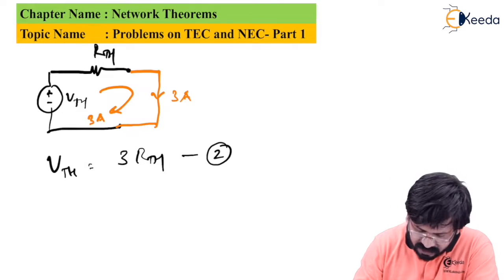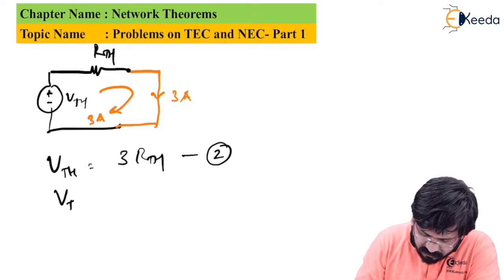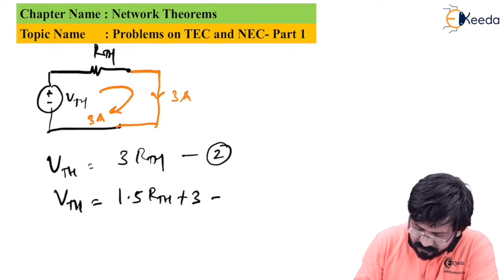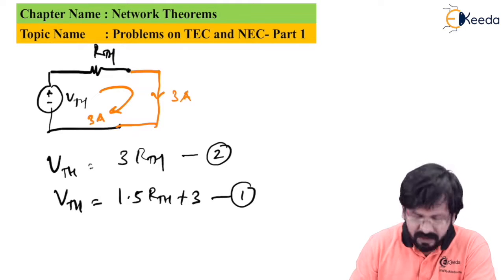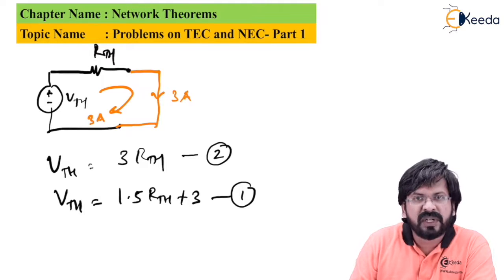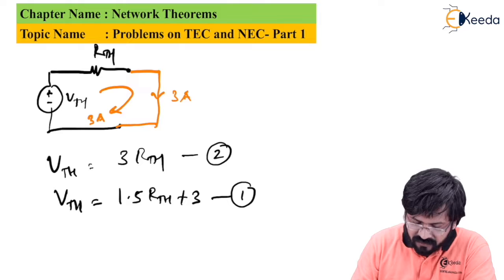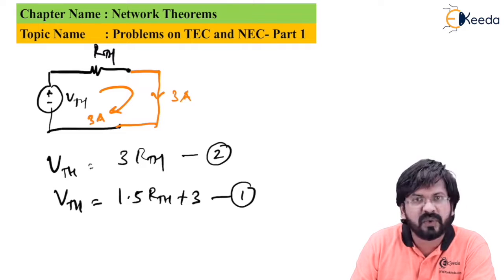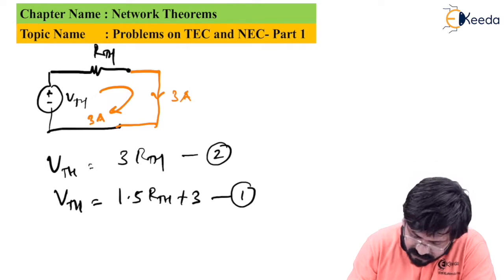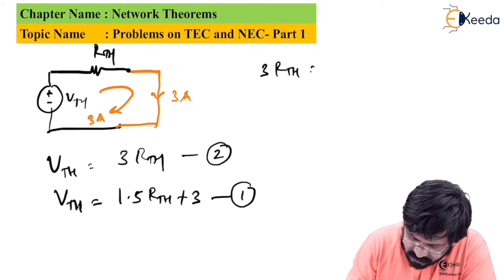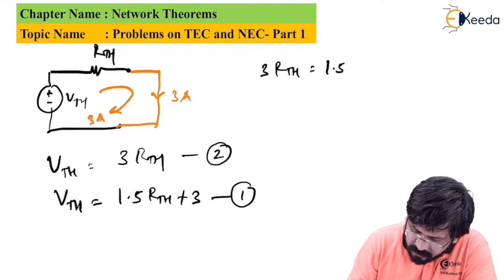Referring to the first equation again, which was VTH equal to 1.5 times RTH plus 3, that was equation number 1. As we know VTH equal to 3 RTH, I can substitute from equation 2 into equation 1. We will get 3 RTH equal to 1.5 RTH plus 3.